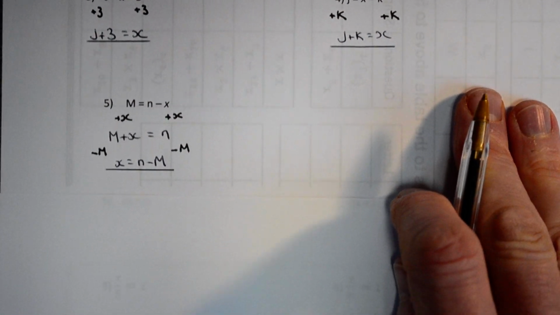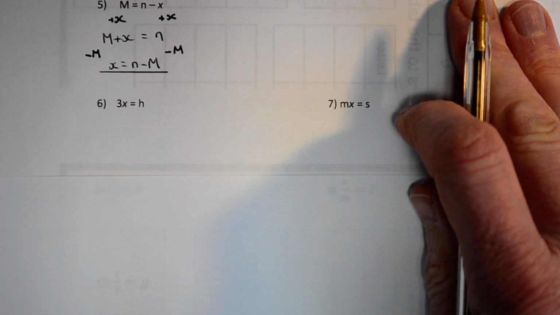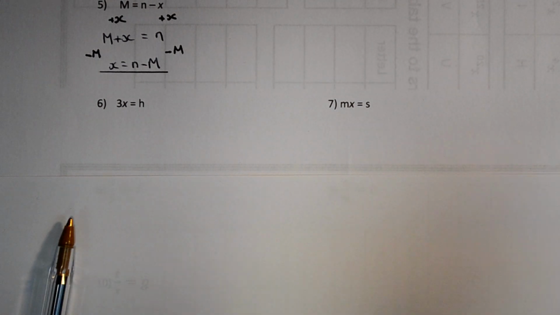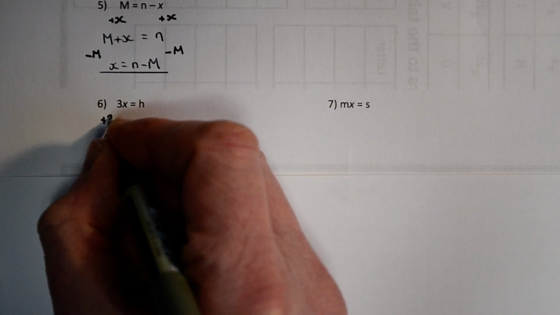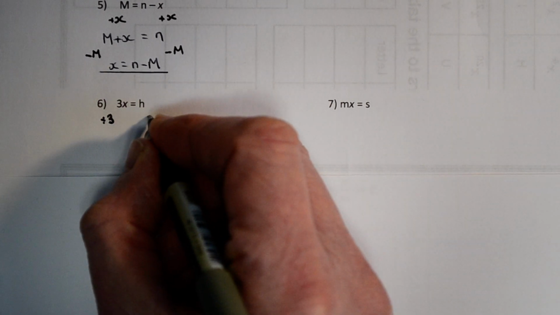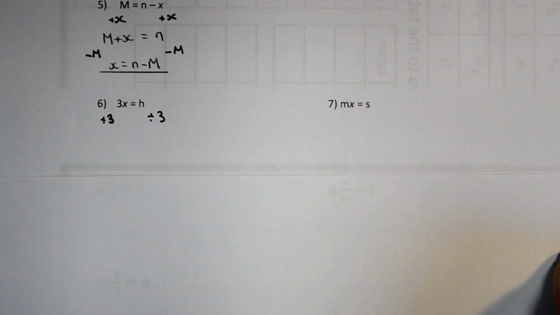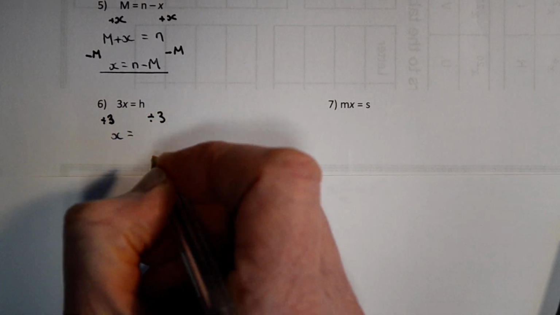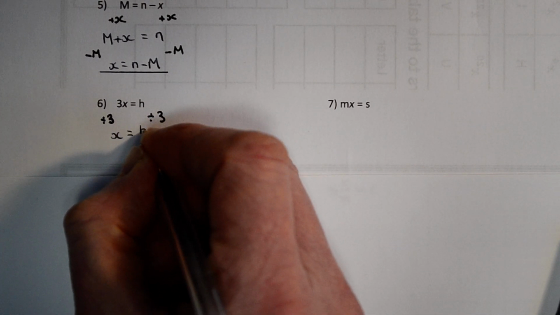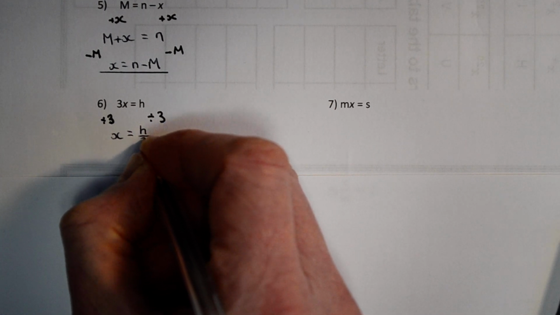Let's have a look at multiplication and division next. So first of all, multiplication. What's the opposite operation to multiply? That's right, it's divide, isn't it? So we're going to divide by the multiplier. Both sides. So on the left we've got x on its own. On the right hand side I'm going to use the fraction bar to show division.